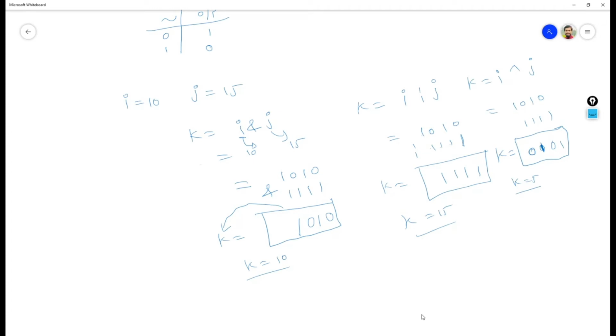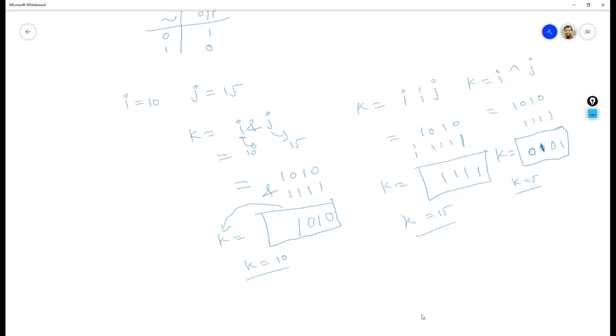Here we get a value as output, for example when we perform AND we get an output of 10, not just 0 and 1 or true or false. So the logical operator is used for condition checking and gives output only in the form of true, 1, or false, 0. And bitwise operation is performed with the bits.